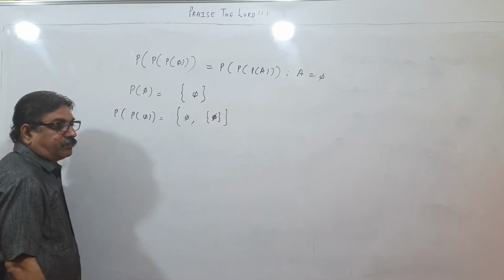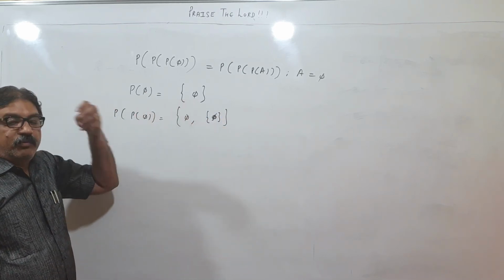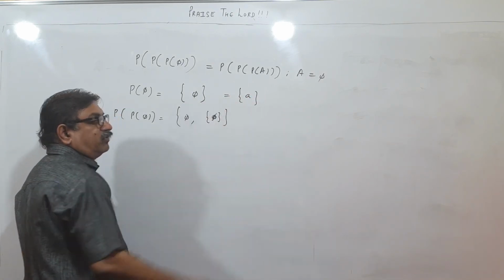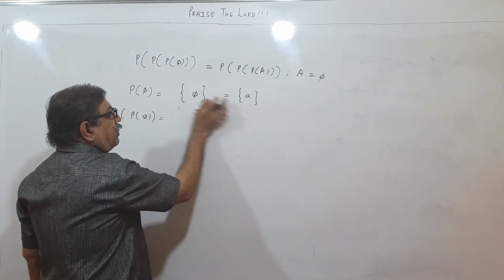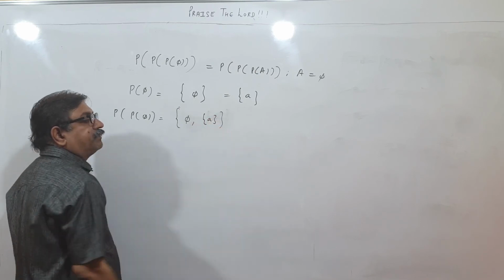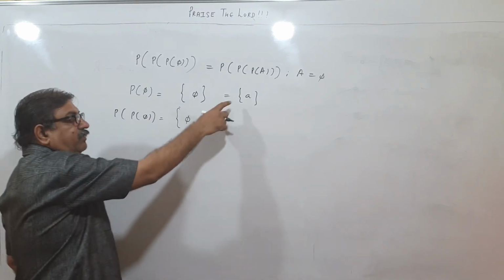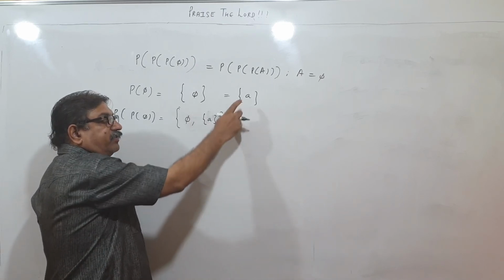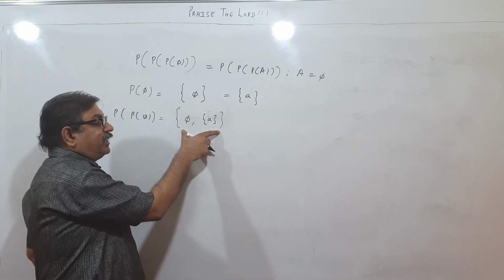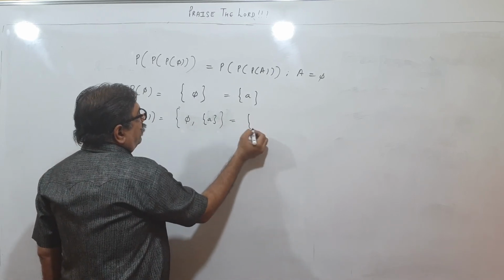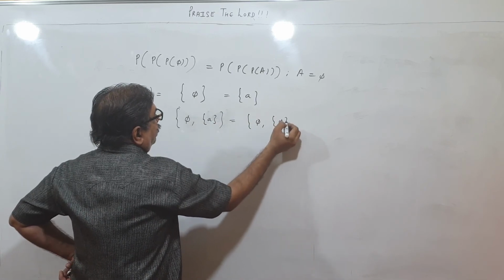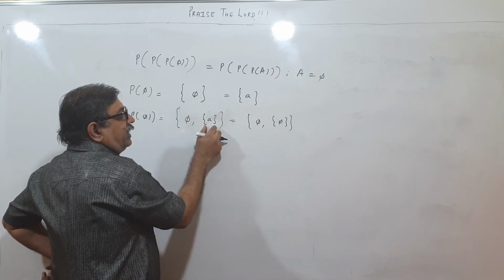Supposing there is an element A, what will be the power set? Null set and A. If there is a set having element A, what are the subsets? Null set and set A. I put them in a set, so it becomes the power set. And now this is equal to 5, and what is this element A? 5. Instead of A, I write 5. Inside a set, 5.